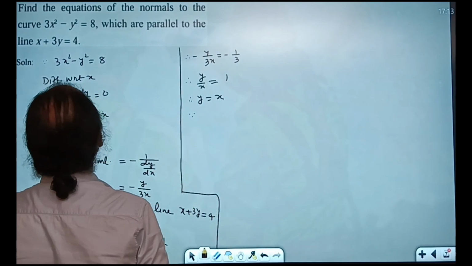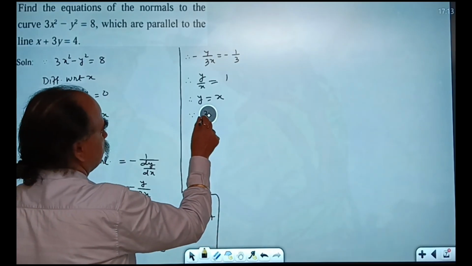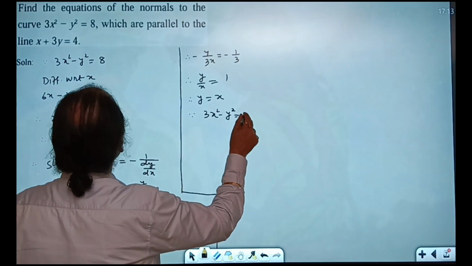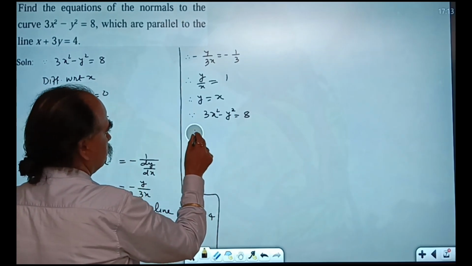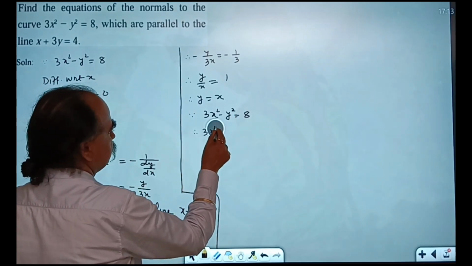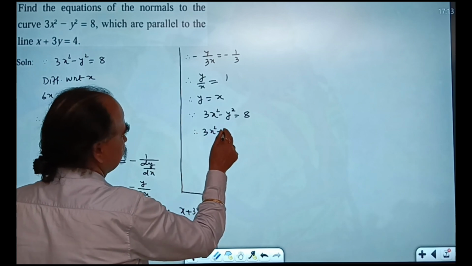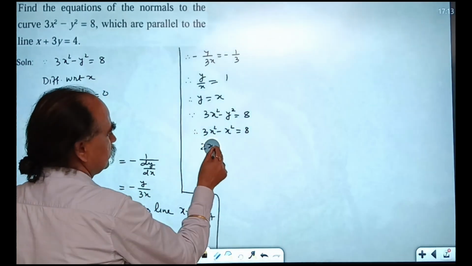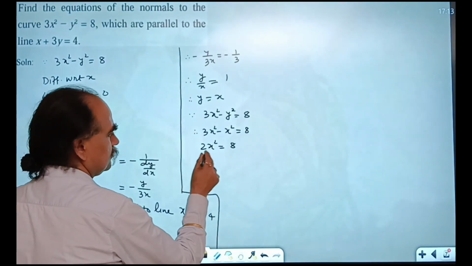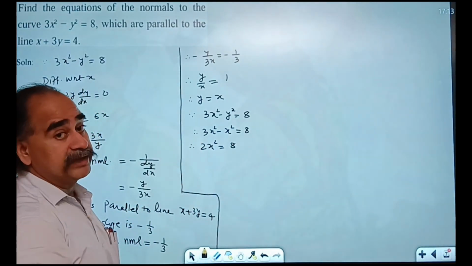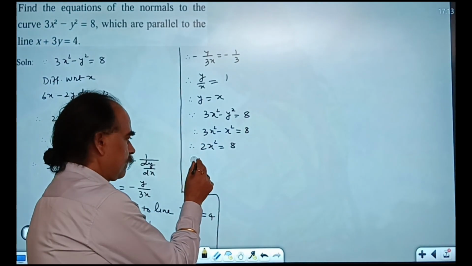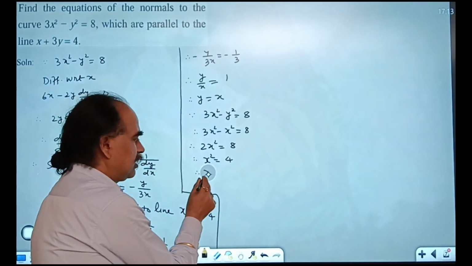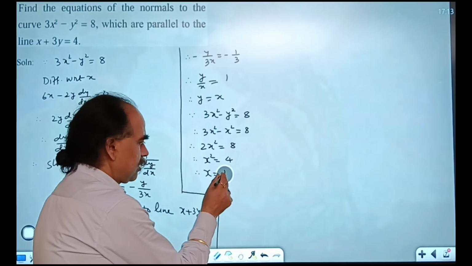Since 3x square minus y square is equal to 8, therefore 3x square minus x square, as y is same as x. So 2x square is 8. So x square will be 4. So x will be plus minus 2.